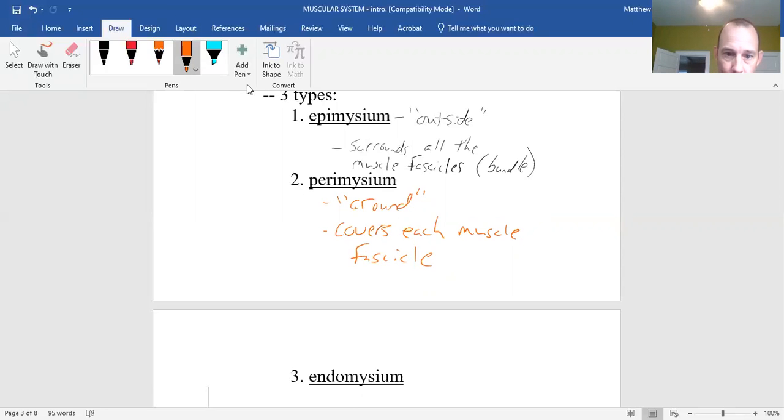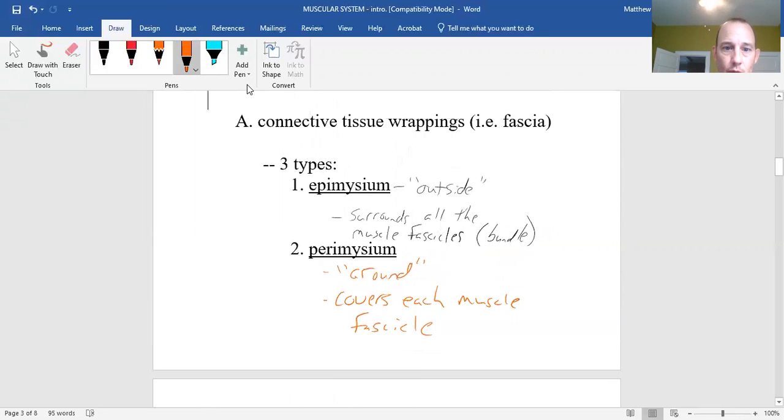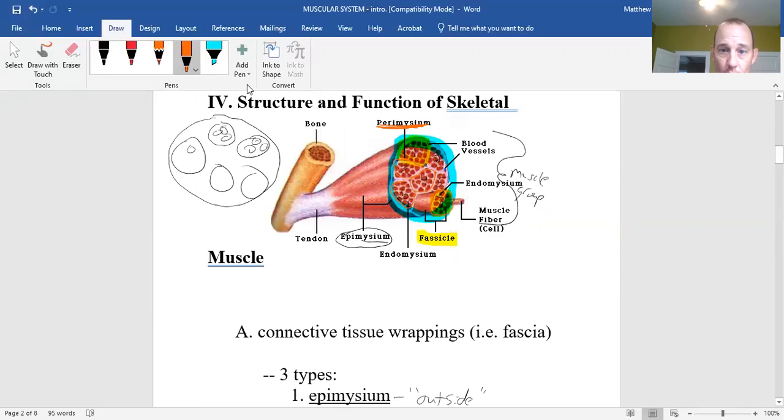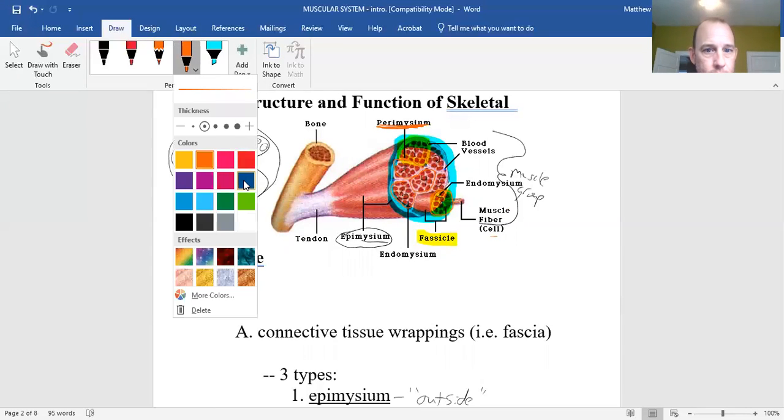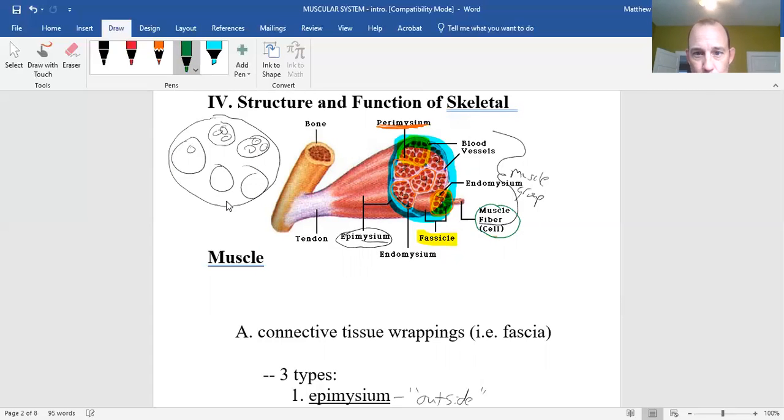All right. You'll notice now that as we get closer, each muscle fascicle is a collection of circles. So all the circles that you see in this fascicle, each one is a muscle fiber or muscle cell.